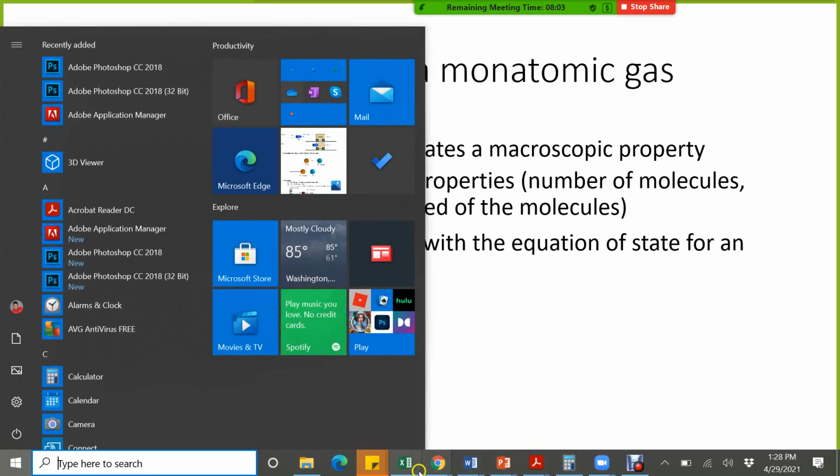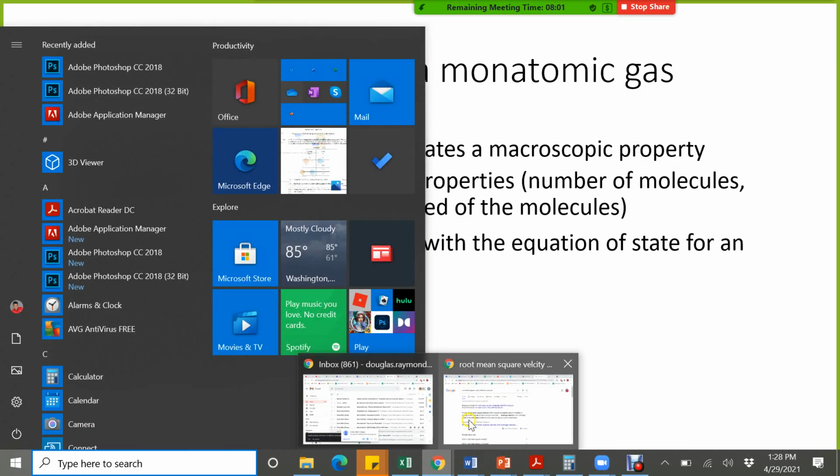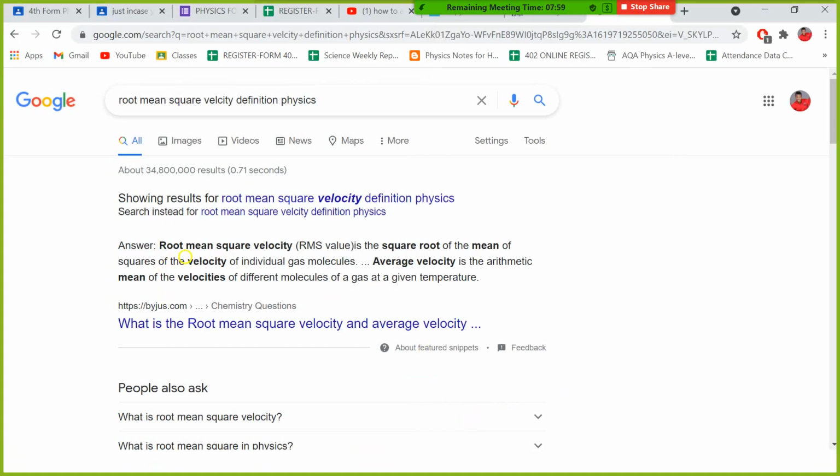By the way, there's something I want you to document here, because it sometimes comes into play, and they can even ask you about this. It's what we call the root mean squared velocity, the RMS value.